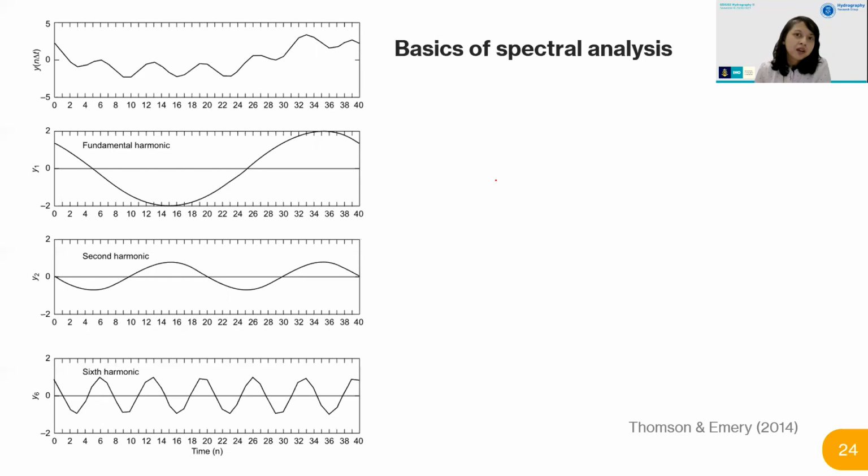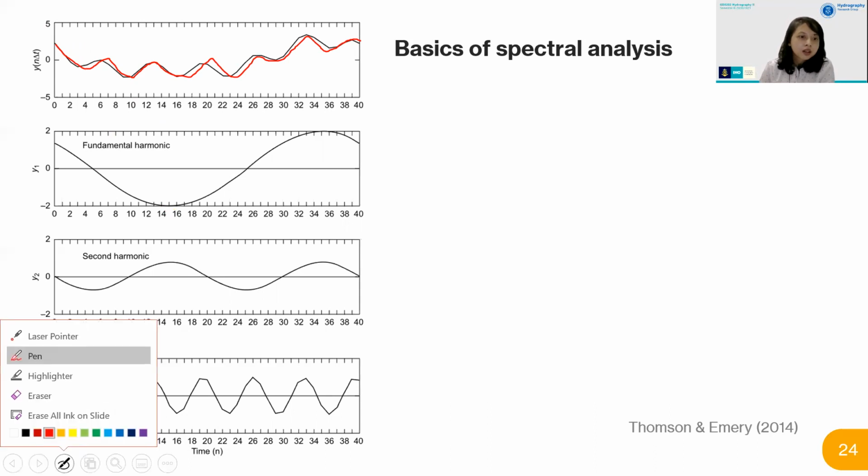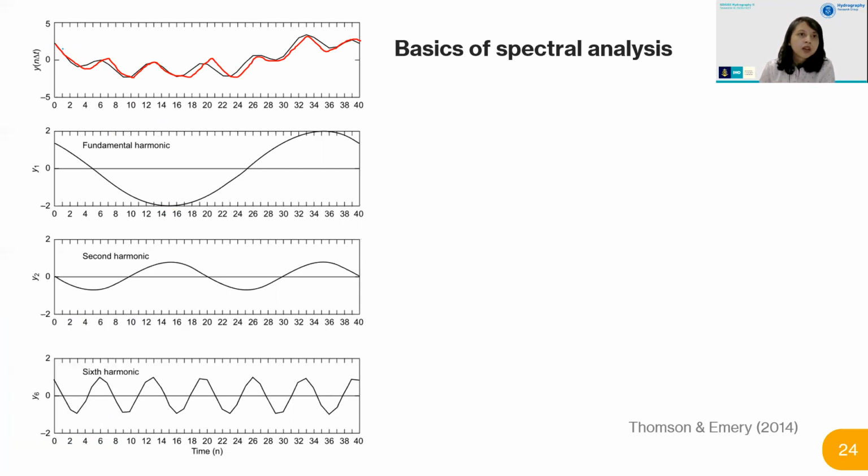So yeah, the basic of spectral analysis is that you've got this type of observation, okay? What you want to do is to separate the components. The first one is you want to see the first harmonic. I'll do another color, maybe blue. So you can see that the first harmonic in here is going like that.